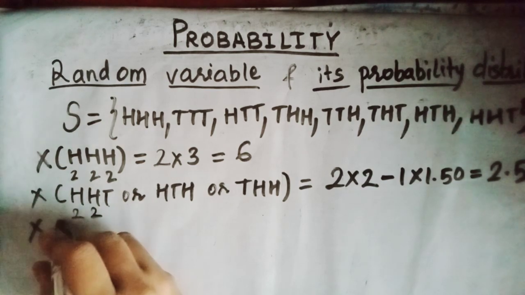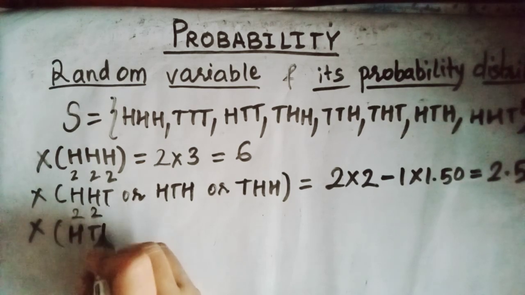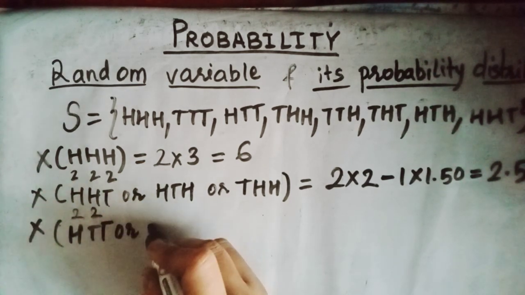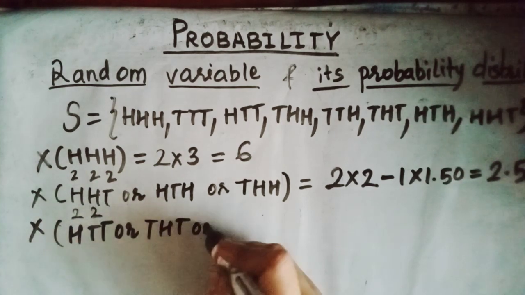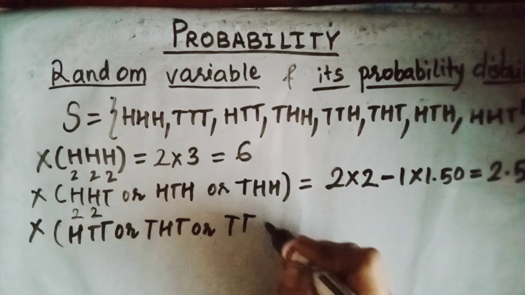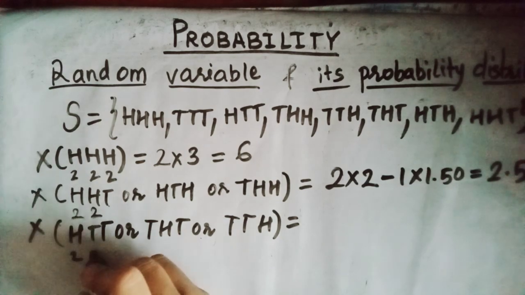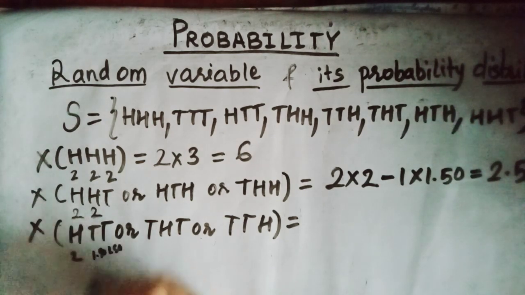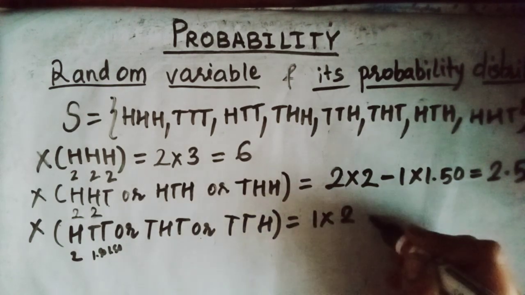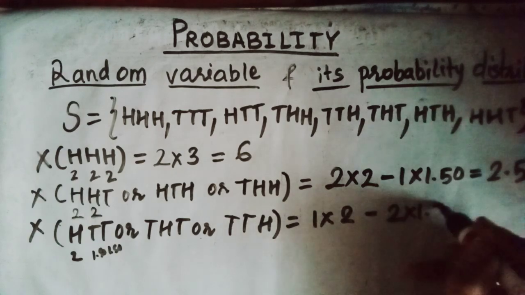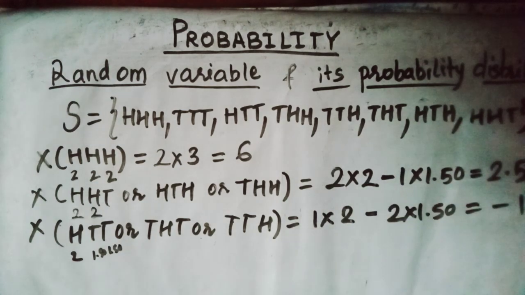Then we have 1 head and 2 tails. So for 1 head, that is 1 into 2, and minus 2 into 1.50, so it gives minus 1.